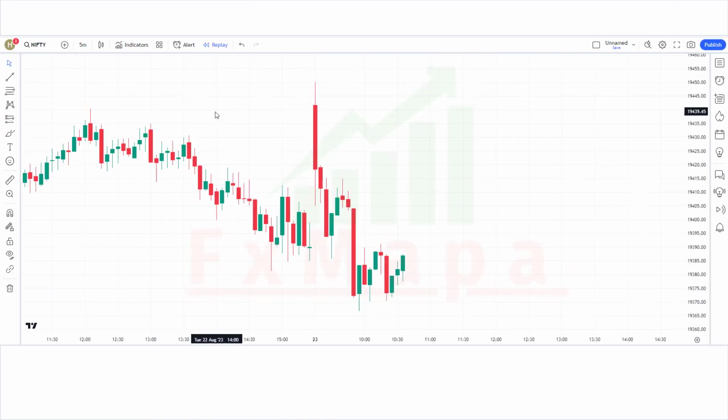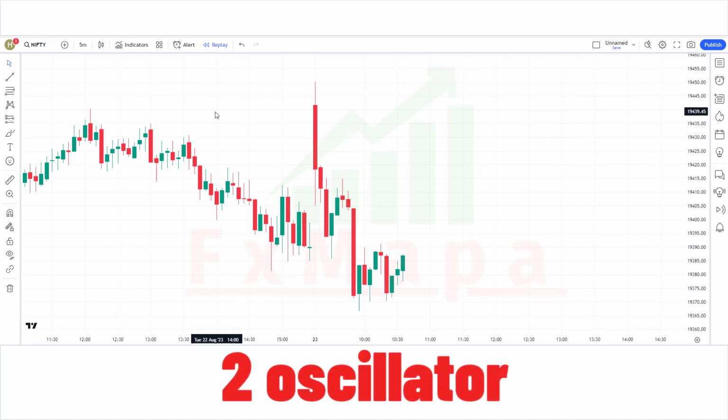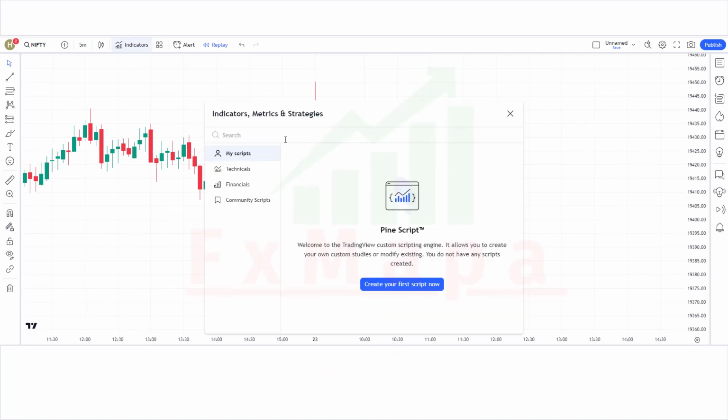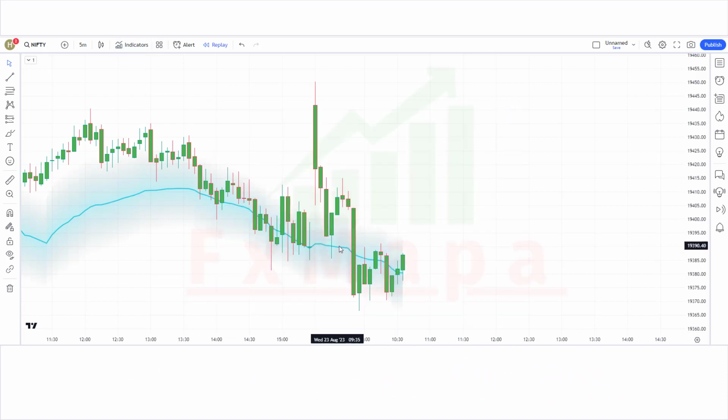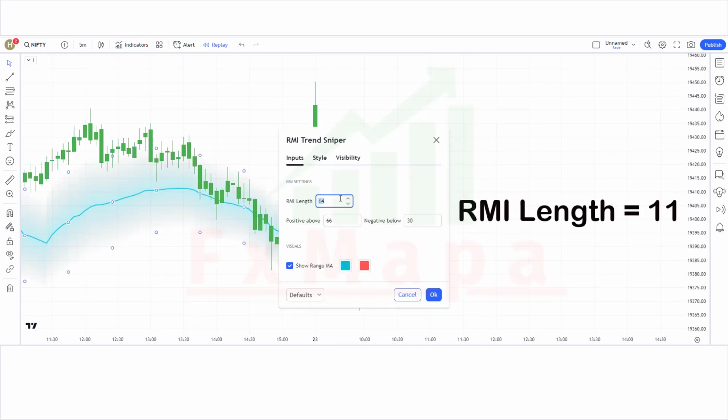So let's get started. In this setup we would require 2 oscillators. First indicator name is RMI Trend Sniper. Keep the indicator setting as I have shown here.